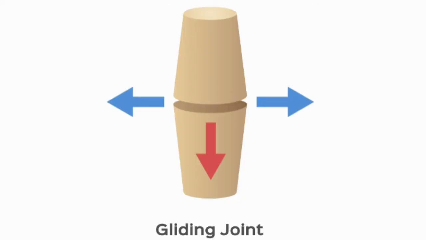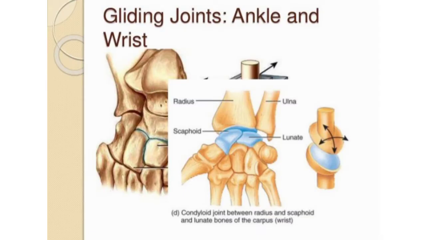Next one is gliding joint. Gliding joints allow the bones to glide past one another in any direction along the plane of the joint, up and down, left and right. Gliding joints are found in the wrist and ankles.